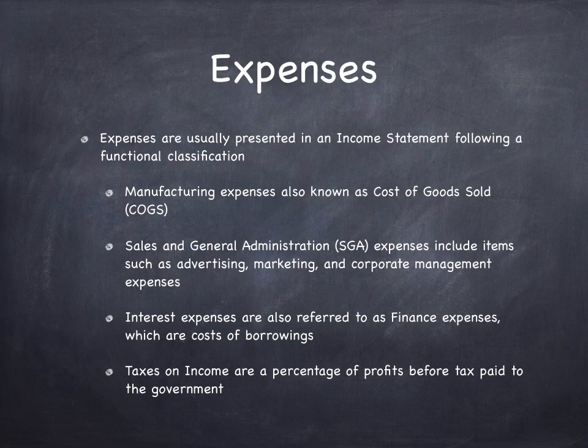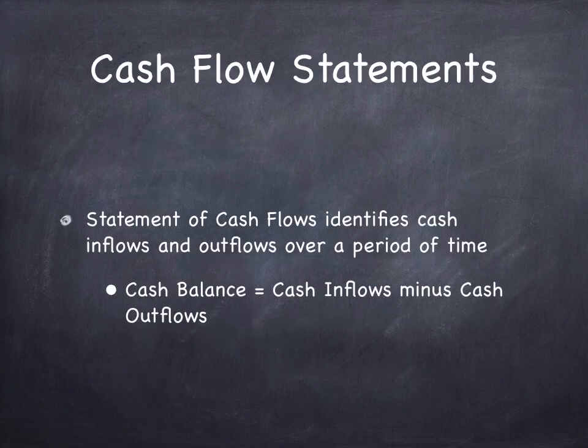This is followed by interest expenses, and of course, interest expenses will appear in the income statement of only those companies which have borrowings. Companies that don't borrow will not have any interest expenses. And finally, there is taxes on income, and taxes on income are calculated as a percentage of the profits before tax, and these taxes are paid to the government.